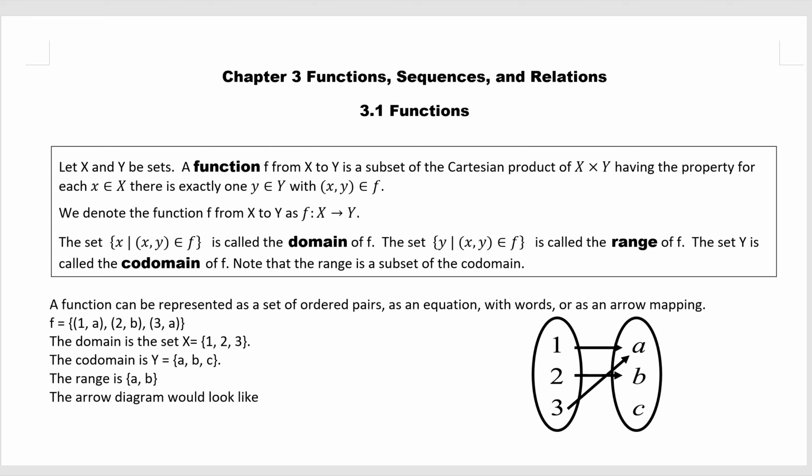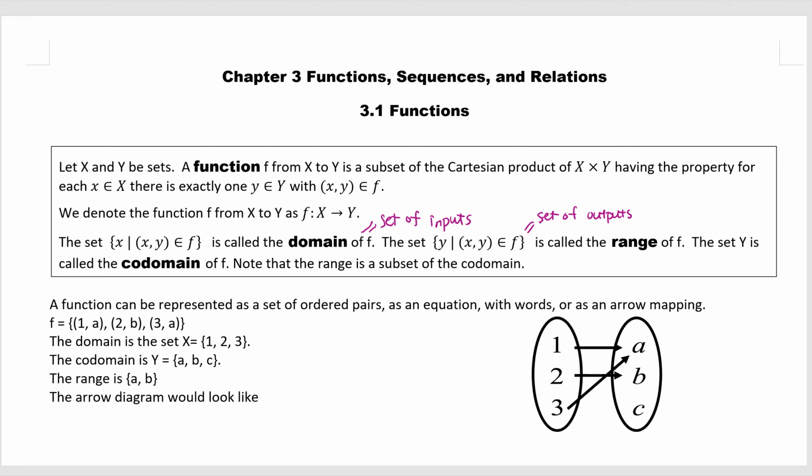So the domain is like the set of inputs, and the range is like the set of outputs. Okay, and then the set Y is called the codomain of f.